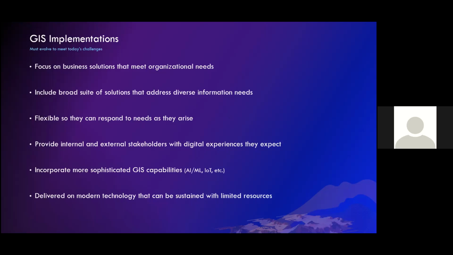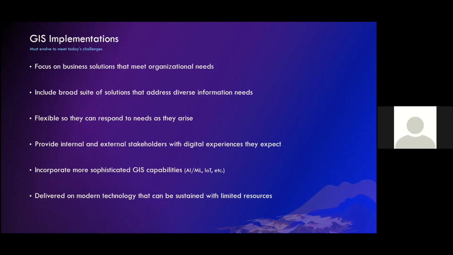And the other one is being able to provide internal and external stakeholders with that digital experience that they expect. So many of us expect organizations to provide that really rich consumer experience that many of us enjoy in our personal lives today.